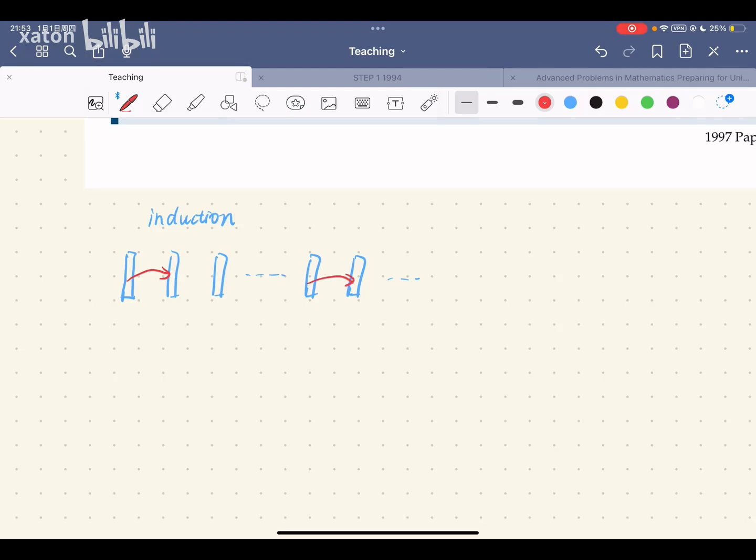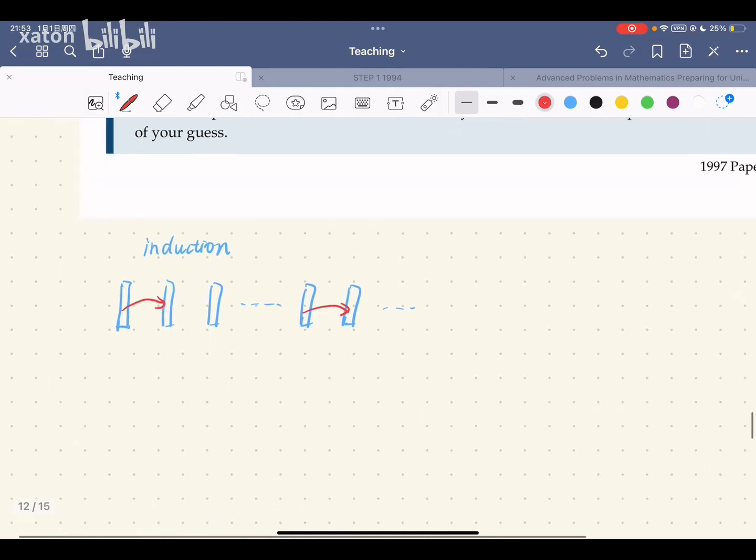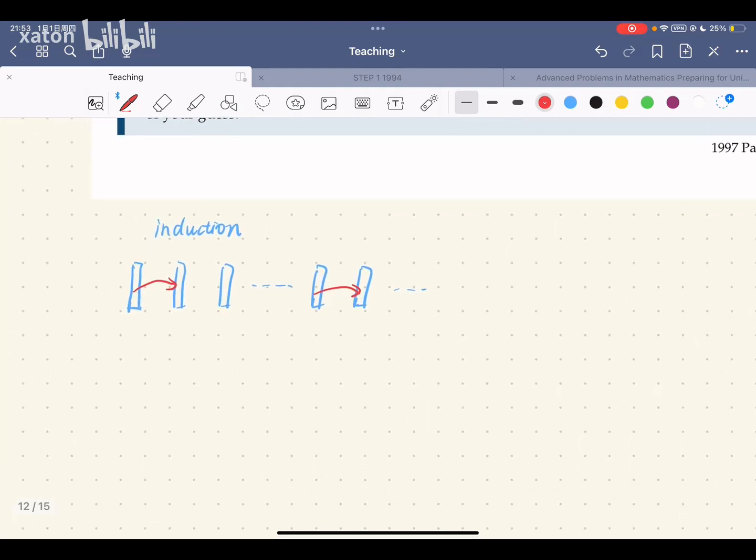Then we can prove that every tile in this series can be flipped over, which means that the statement we want to prove works for every tile, because if the nth tile can push the n+1 tile, the second tile can push the third tile, and the third tile can push the fourth tile, and it will go on and on without ever stopping.